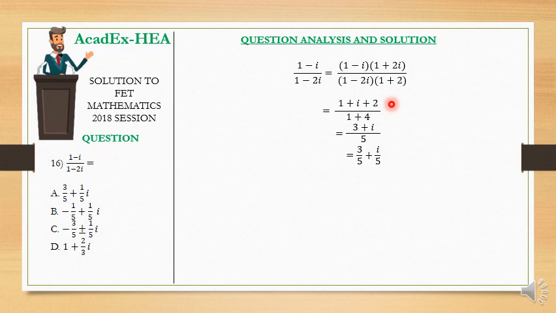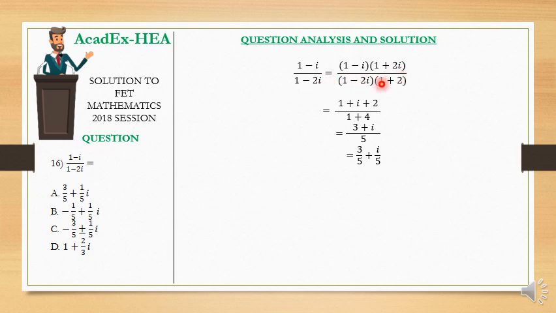So negative 1 times negative 2 gives us plus 2. This is because I is equal to the square root of negative 1, and since I is equal to the square root of negative 1, I squared is the square root of negative 1 all squared, which is negative 1. So I hope it's okay for everybody here.